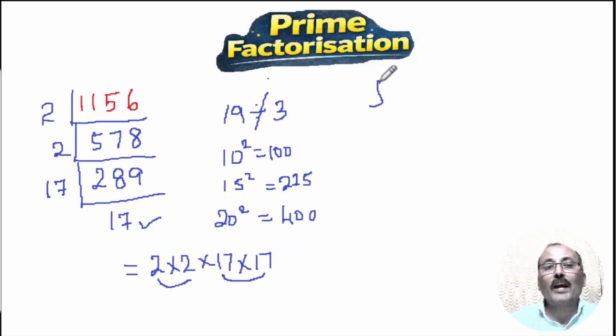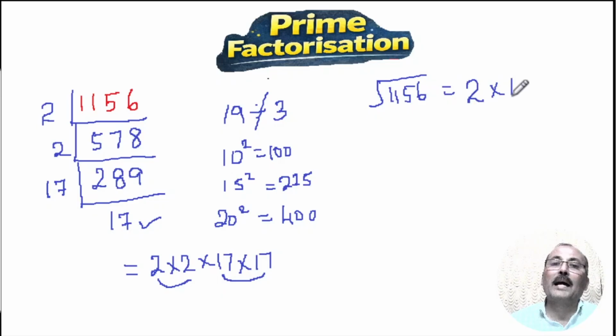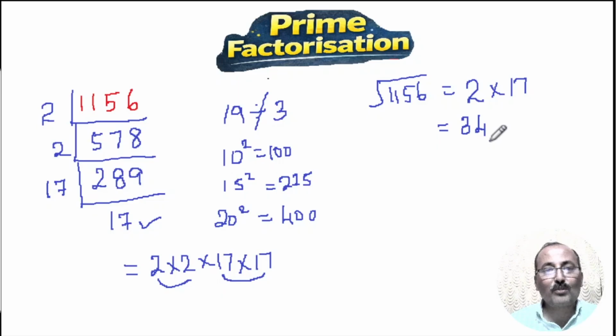Therefore, the square root of 1156 is equal to, taking only one number from each pair, 2 into 17, that is 34. In the previous videos you have seen up to 31 square 961, 32 square 1024. Now 34 square is 1156.